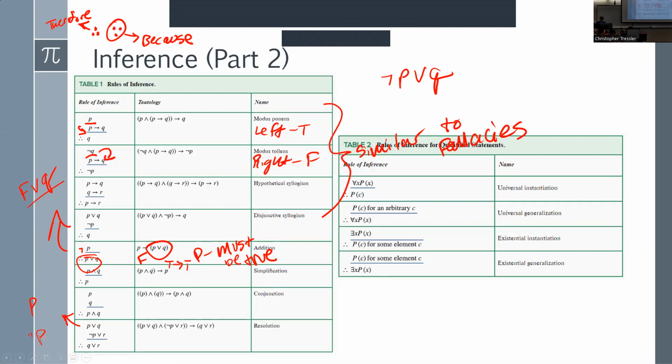So because at least one of those is true, we know that for this entire statement to be true, at least one of Q or R needs to be true.